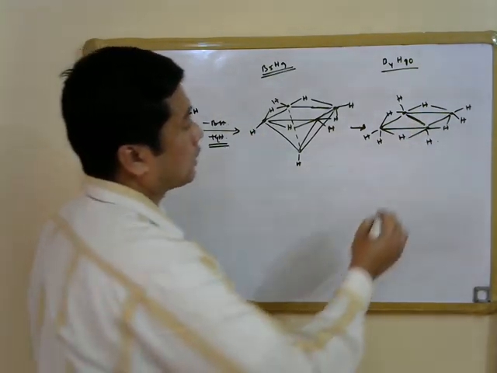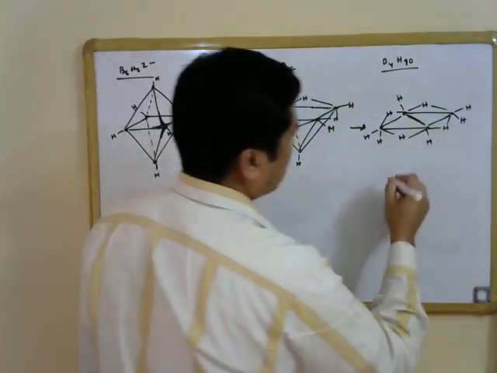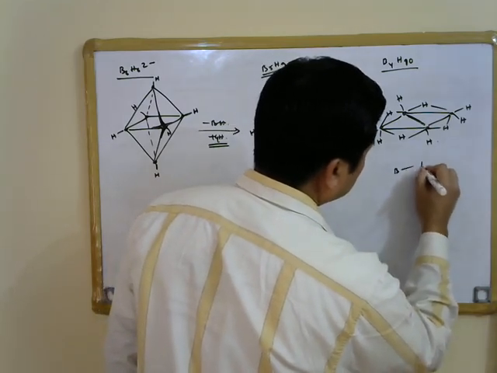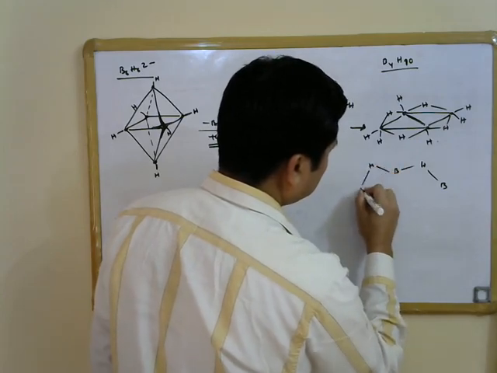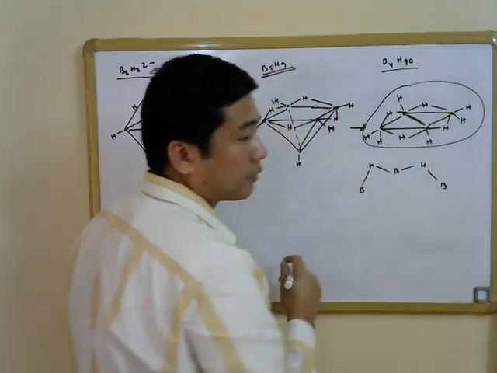So this is the structure of B4H10, or we can draw the boron centers as well and draw the structure in this way. That is the skeletal structure of B4H10.